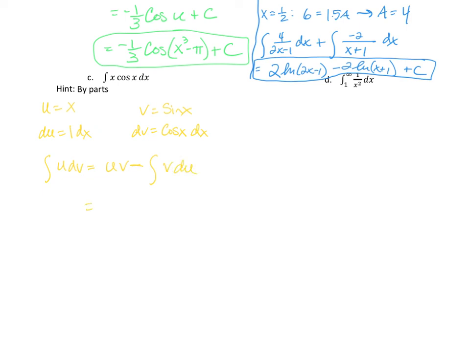Okay, so u times v, that's x sine x, minus the integral of v, which is sine x, times du, which is just dx. So this is x sine x minus the antiderivative of sine. A function whose derivative is sine would be negative cosine, so it's negative cosine x plus C.